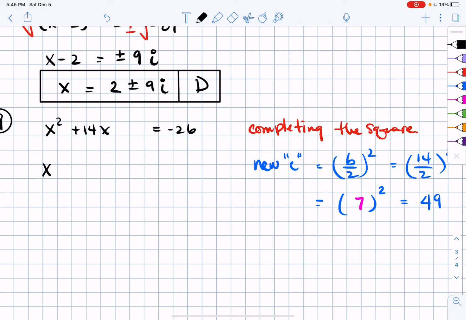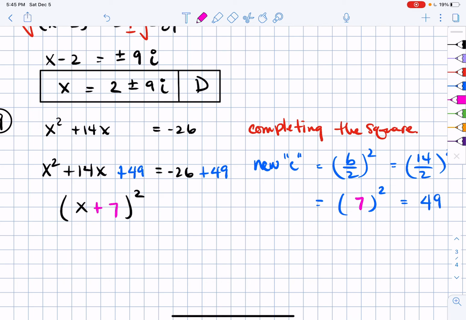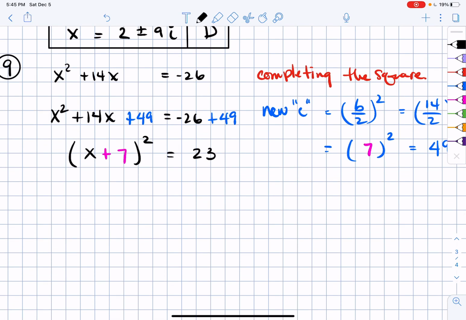Let's rewrite this: x^2 + 14x, add 49. The left side is going to be (x + 7)^2, and the right side, adding it together, should give me 23. Yep, 23. So I take the square root of both sides.